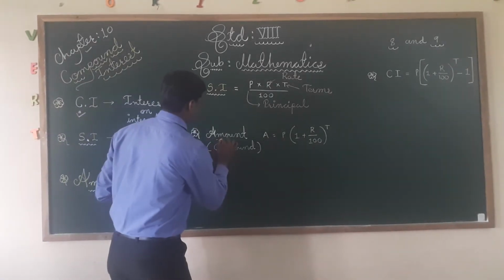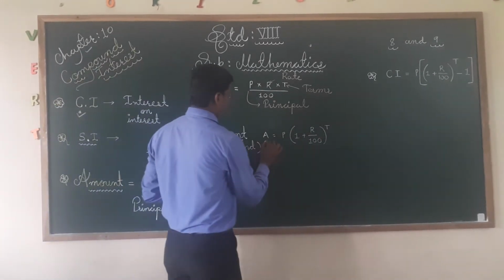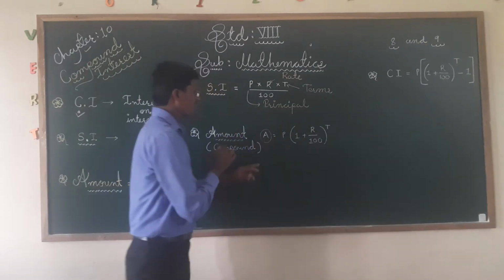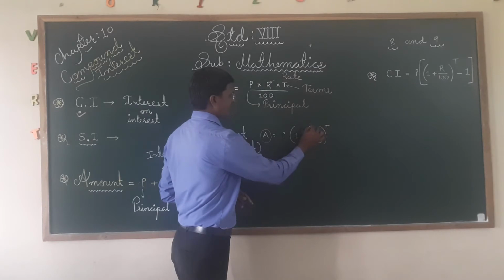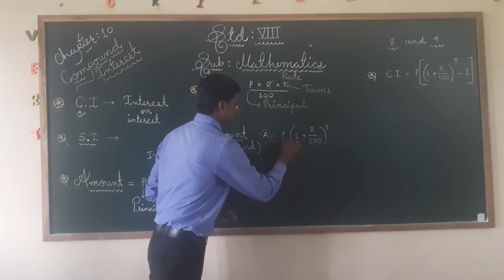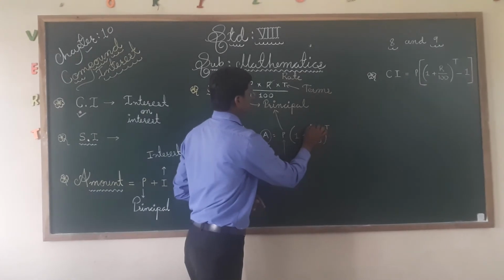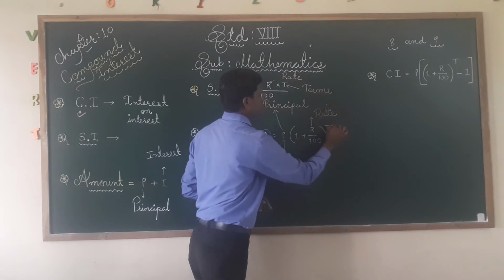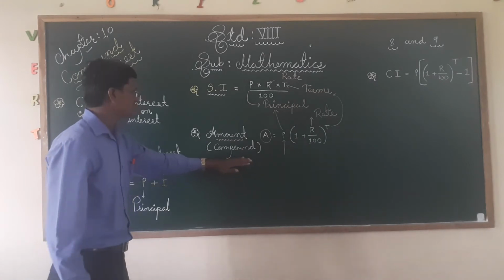Now another formula, for the amount, for compound interest. A is the amount, where A is equal to P into bracket 1 plus R upon 100, whole to the power T. Where P is principal, R is rate, and T is term.